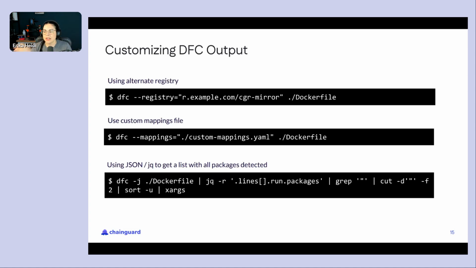And you can also use JSON and jq to get a list of all packages detected. This might be useful for programmatically doing things, running a loop, creating a bash script, maybe to convert a series of Dockerfiles. So you might do something with JSON as well.